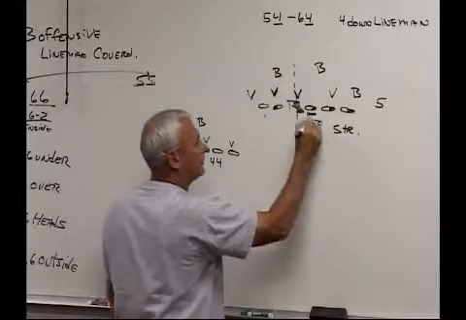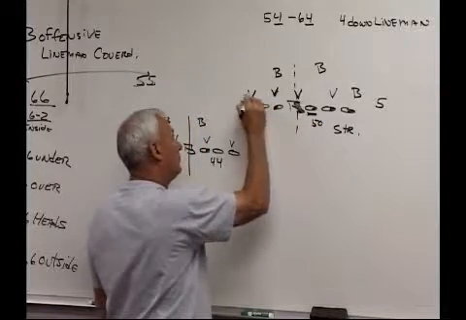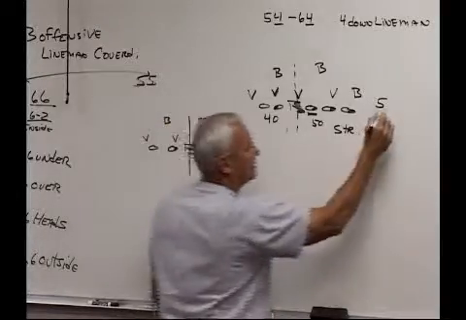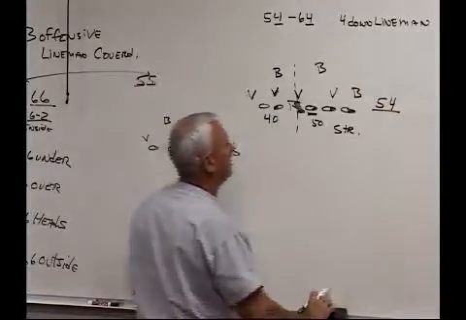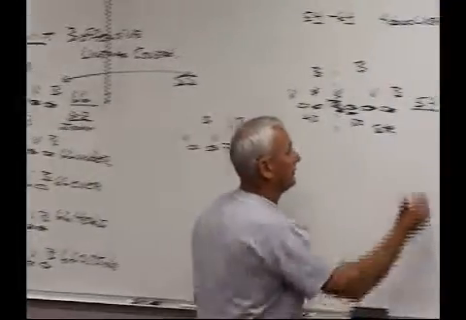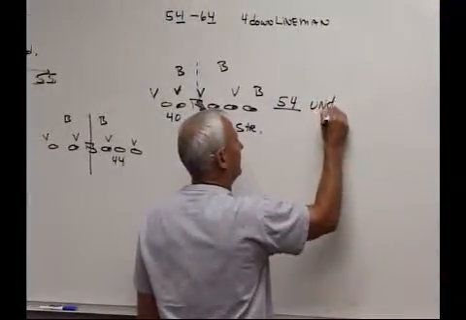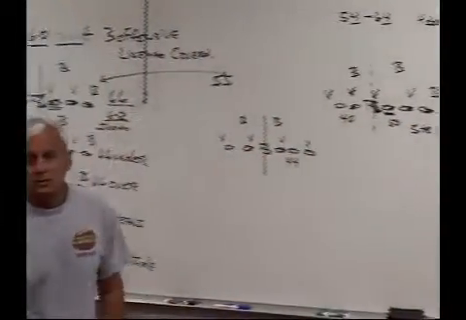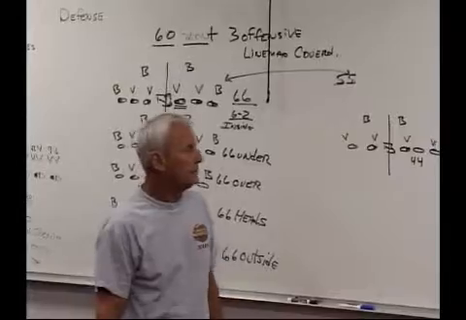I got a 50 here because the guard's uncovered. I got 2 down linemen and a linebacker, so I've got a 40. So basically, I've got a 54 defense, which we call under. That is an under defense. Very basic defense. All right? We got a 54 front.